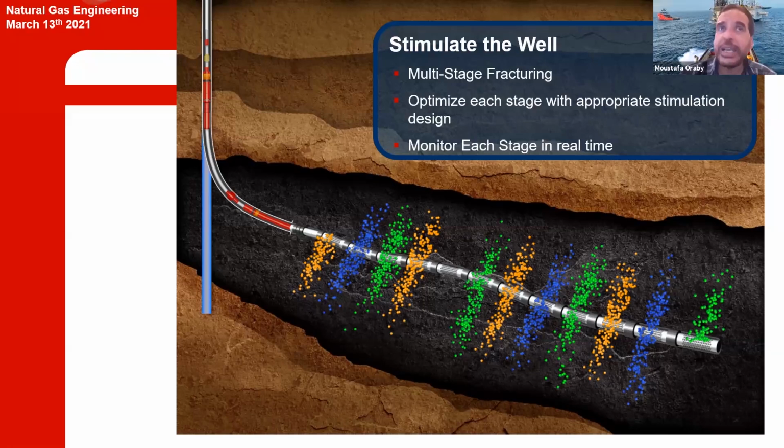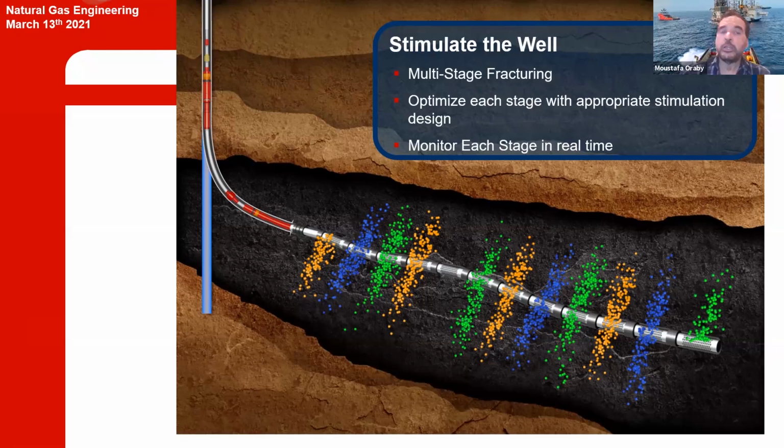We know it is thin lamina, so we have to connect the lamina together by doing this multiple stage frac. So the way we produce these reservoirs is by horizontal wells, multi-stage frac. We can have different types of multi-stage frac, but as I said, I'm not going to talk about certain operations for certain service companies.